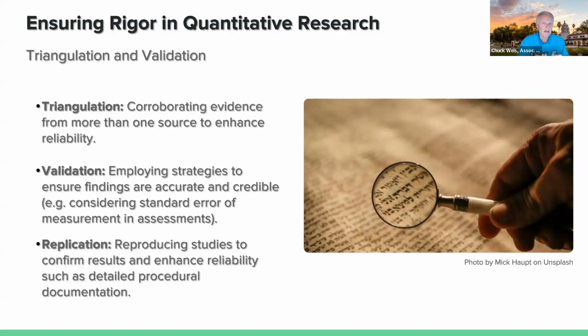For example, calculating a standard error of measurement so that you know what the range is when you say something has changed. A good example of that is I was at a conference in Southern California last month, and I was listening to a researcher that used statewide data to determine the impacts of alternative strategies for teaching outside of the school day, extended learning opportunities.